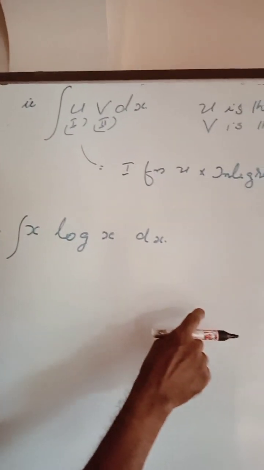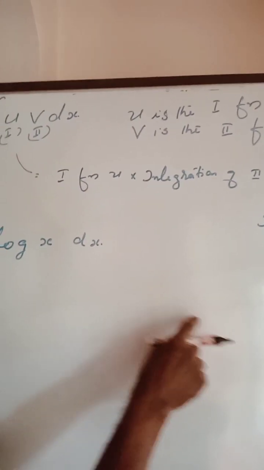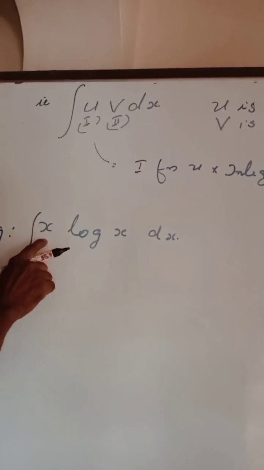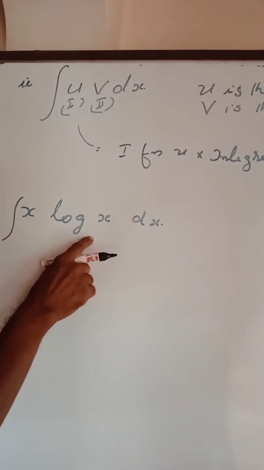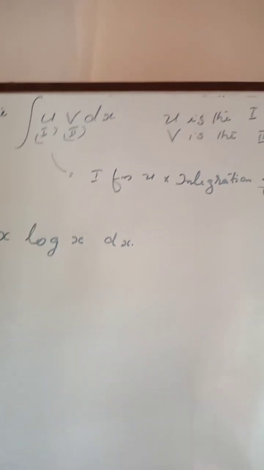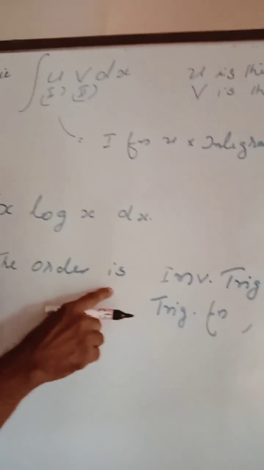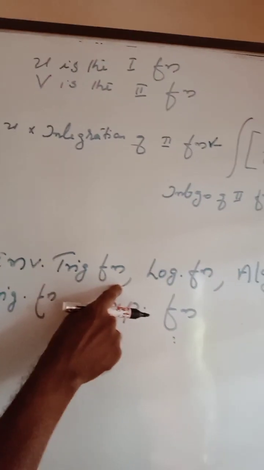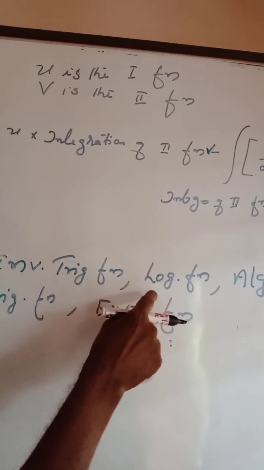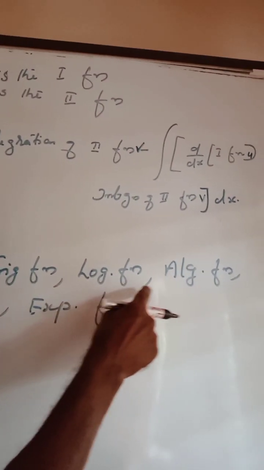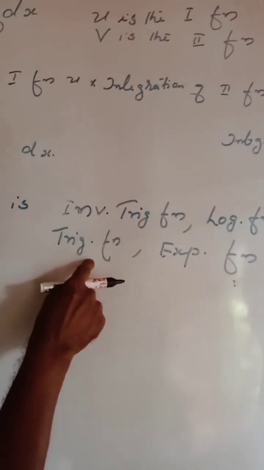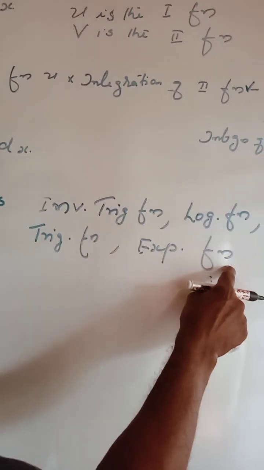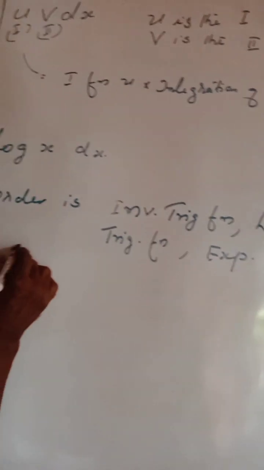For doing integration by parts, first we write the two functions in a special order. The order is inverse trigonometry function first, second logarithmic function, algebraic function, trigonometry function, and exponential function.